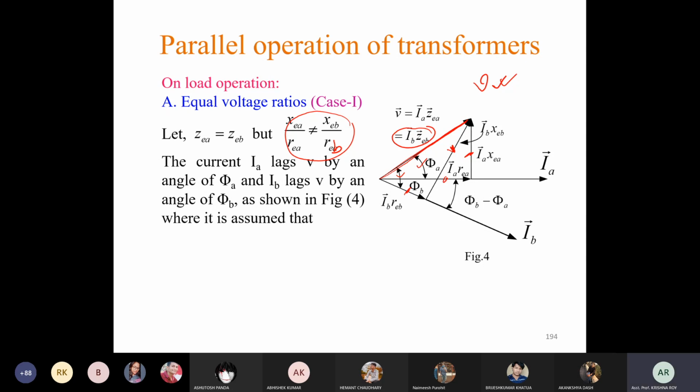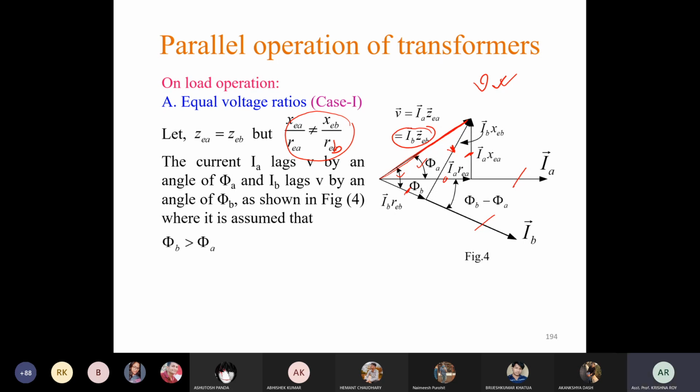From this we can conclude that the currents IA and IB, though they make different angles with this voltage drop V or the terminal voltage capital V, their magnitudes will be the same. That means the load sharing will be equal.